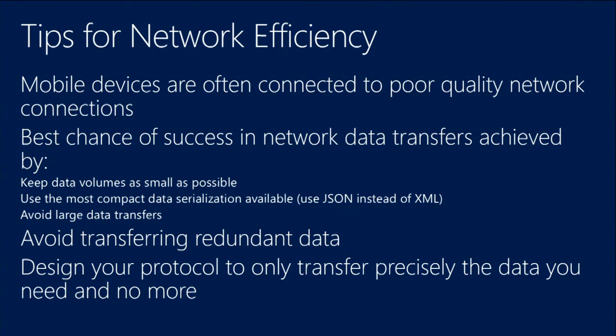Maybe you don't need all of the data that service offers you. So you're transferring all this redundant data over the network connection, which, over a poor quality connection, could be the difference between success or failure. If it times out, you can't do it. So you want to do what you can to keep the data that transfers over the wire relevant, only what your app needs, so keep it as small as possible.